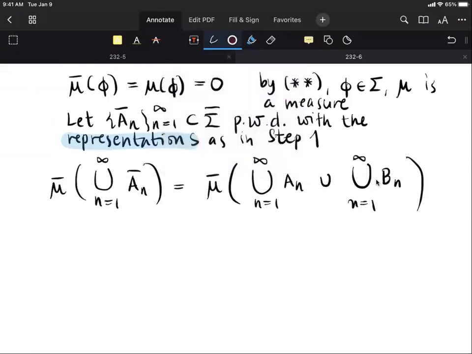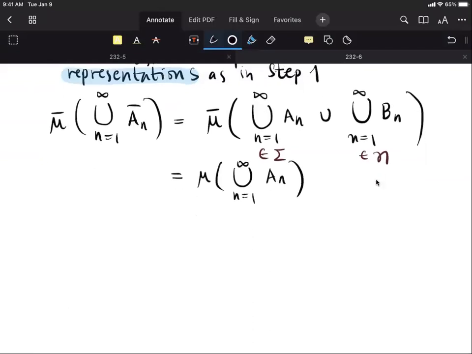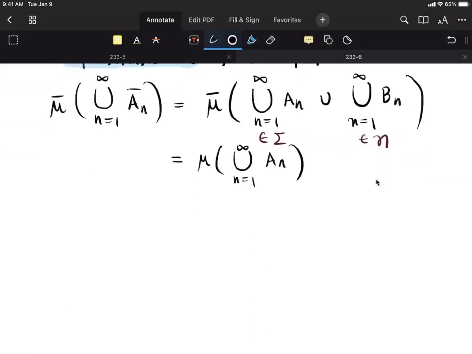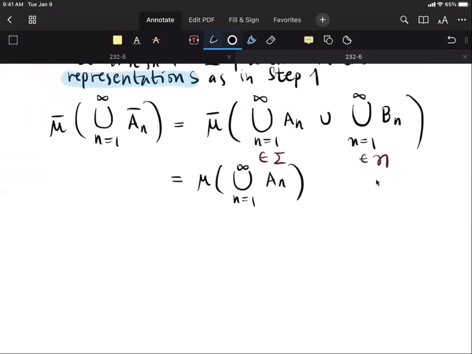Again, to emphasize, this is in sigma, this is in N, and based on this representation, according to the definition of mu bar, we can ignore this part and take the measure mu of the union of A sub n from 1 to infinity.